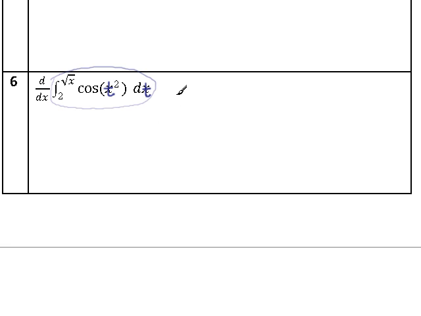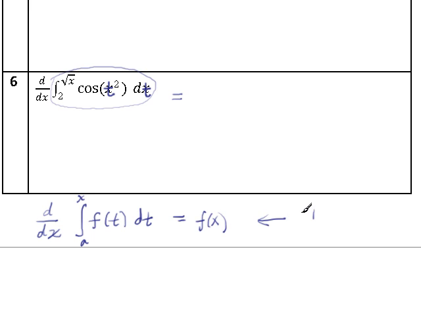And according to the second part of the fundamental theorem, well, let me just write it down here. It goes as follows. The derivative with respect to x of the integral of f of t dt from a to x is simply equal to f of x. All right, so that's the fundamental theorem of calculus, part 2.